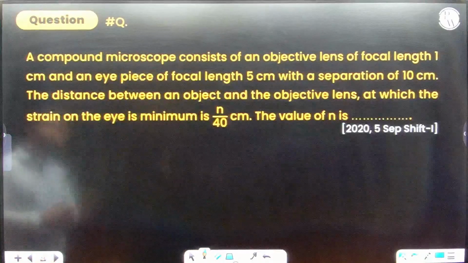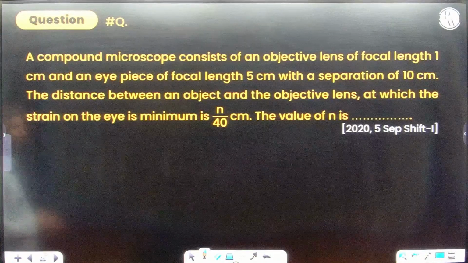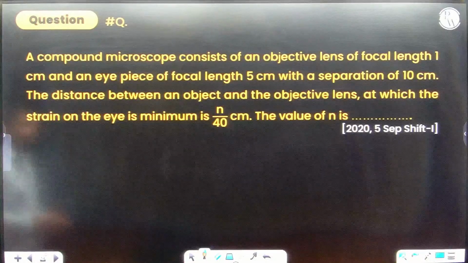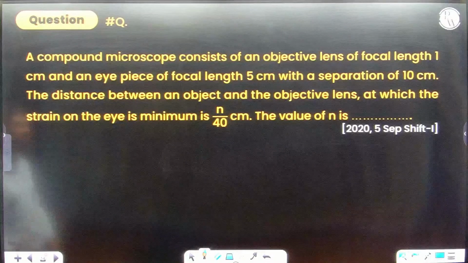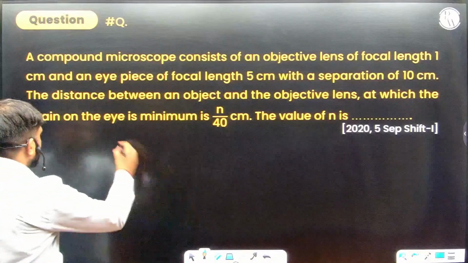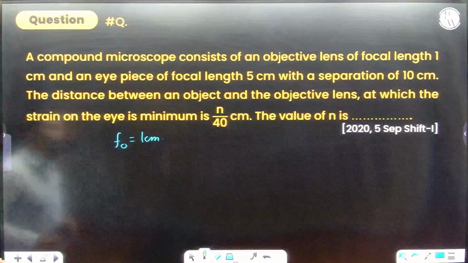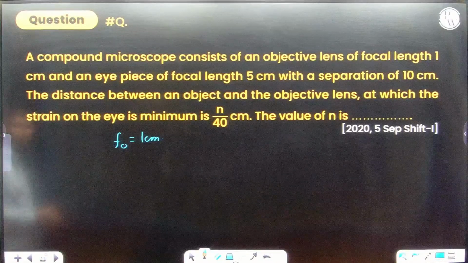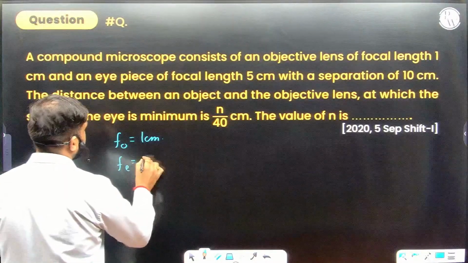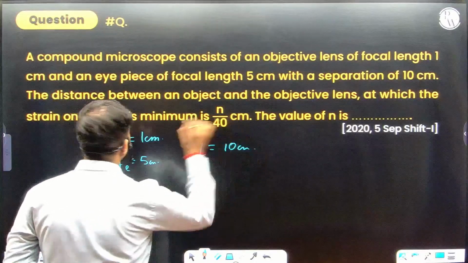Let's move forward. This came in your 2020 exam, September 5th, shift 1. A compound microscope consists of an objective lens of focal length 1 centimeter, f_o is given here. They are saying an eyepiece of focal length 5 centimeters is used, and the separation, or the length of the tube, is 10 centimeters.